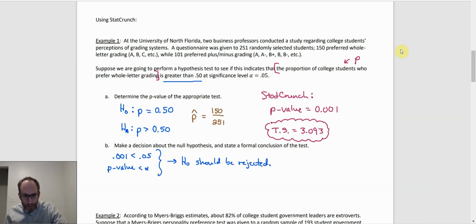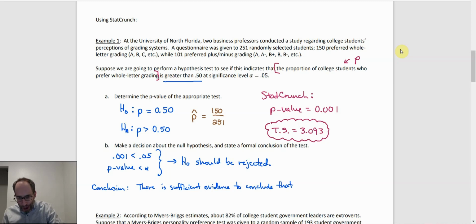And then for a formal conclusion, maybe something like there's enough evidence or there's sufficient evidence to conclude what's in the alternative. That's basically what you want to say. So I'll just say that there is sufficient evidence to conclude that, and then the alternative is actually there in the wording. It starts with the part in the maroon brackets.